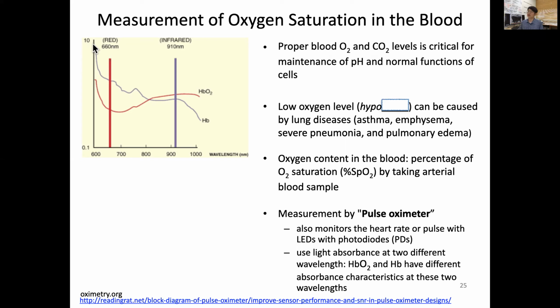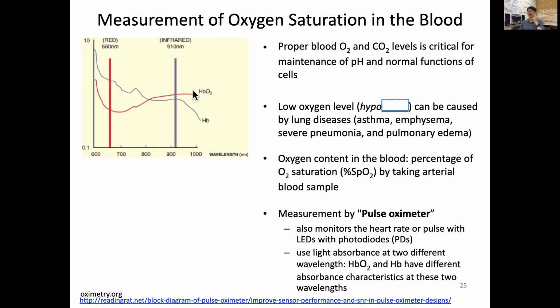So that's showing up in this absorption spectrum. The x-axis is the wavelength or color of the light, and the y-axis is the absorption. You can see blood is usually red because of this high absorption in the green and blue range.